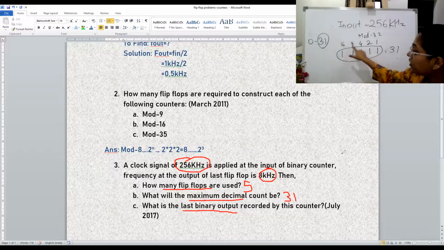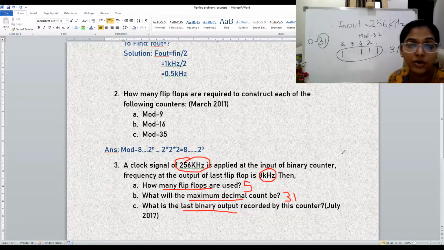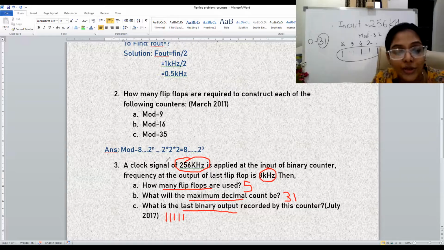What is the value? I have written the value on top. उसको count करते जाना, addition करते जाना. ठीक है, this is the last binary output of 31 which you are going to get. So the last binary output I will write over here: 1 1 1 1 and 1. This is the last binary output you are going to get.